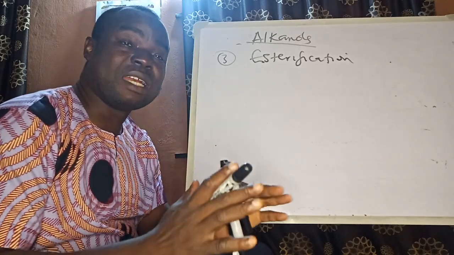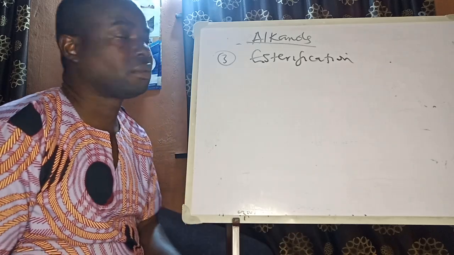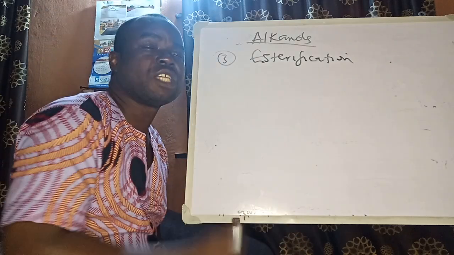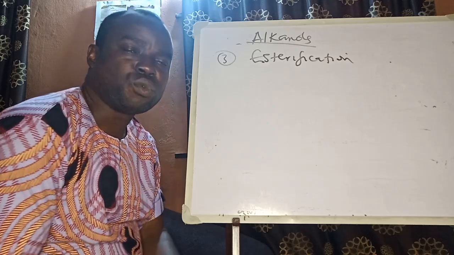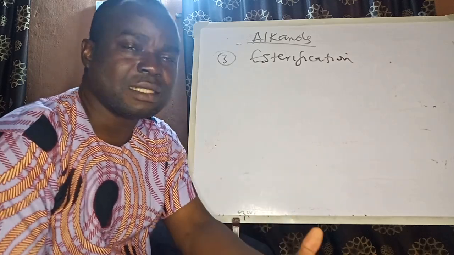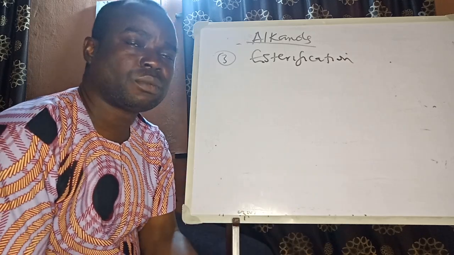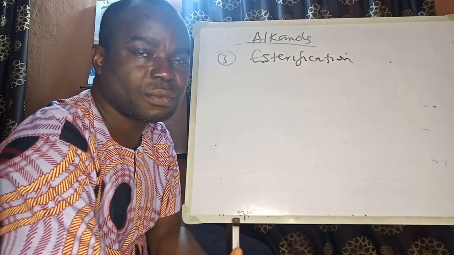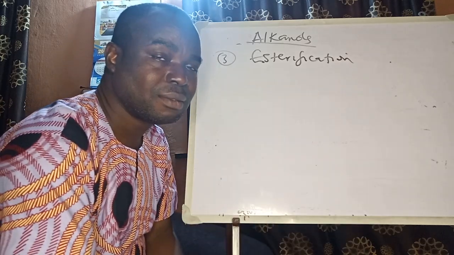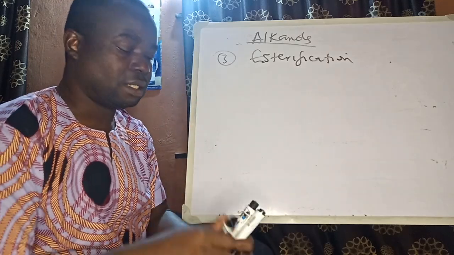I'll try and explain it the way you understand it very well. Now, esterification is the reaction between an alkanoic acid and an alkanol to form what we call an alkanoate or ester and water only. Now, look at it.